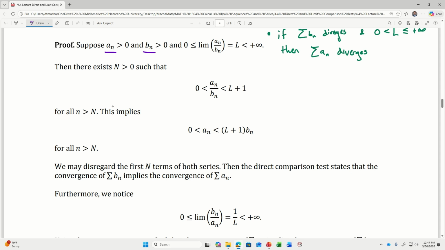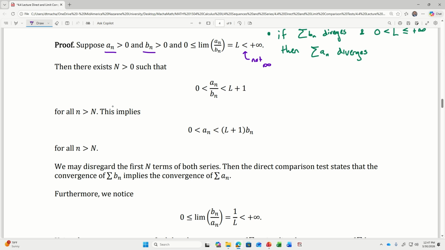As long as this limit is not infinity, meaning whenever I say strictly less than infinity, I'm just saying not infinity, then there would exist some capital N, that's just any large positive integer, such that this ratio is going to be less than L plus 1 for every lowercase n greater than N. That follows from our definition of sequence convergence that we talked about in 4.1.